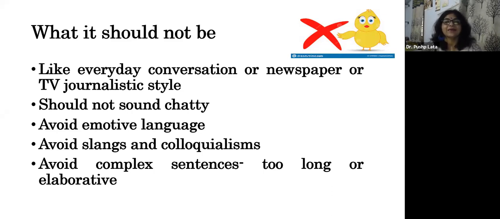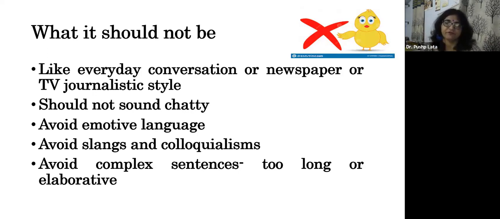All of us have a habit of saying things like "stuff". These are words which we use informally in our groups and institutions. But that should not become part of academic writing.